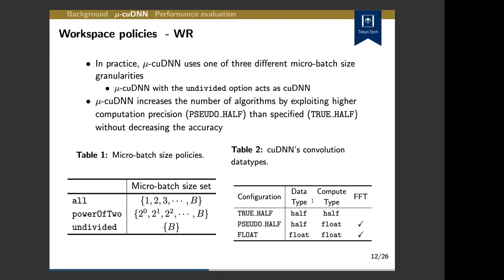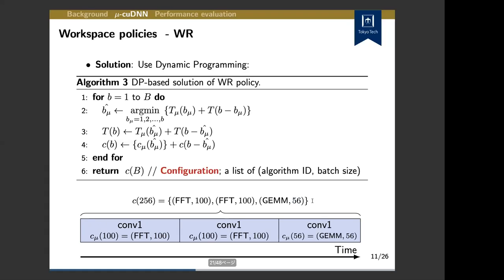And we found some tricks to be combined with the workspace reuse algorithm to improve the tuning performance. First, the selection of microbatch sizes can be limited to powers of 2 to reduce the overhead of MicroQDNN without losing its performance. This is because we have to actually run cuDNN to collect this T micro computation time of each cuDNN call.